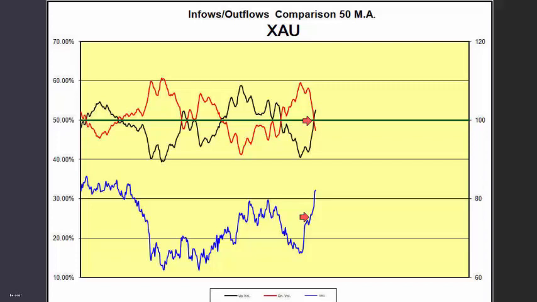It is not designed to give you an entry and exit signal based on a positive or a negative crossover. When you have a crossover like we had a few days ago, I have not designed it to be a signal to buy or to sell.